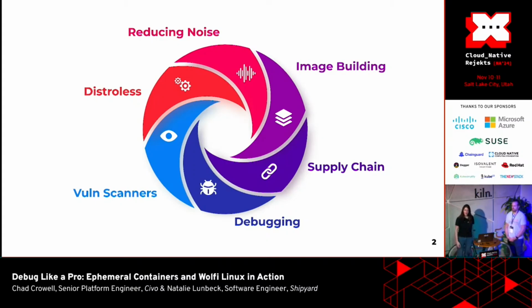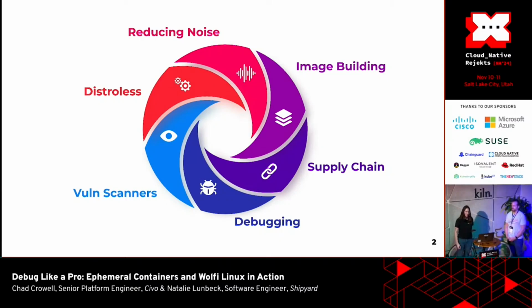Vulnerability scanners, just making sure that you are staying up to date, doing repeated regular scans on your application, your packages, and understanding what's changing, what's being uncovered, what's getting introduced day by day, as well as image building, just making sure that you have multi-stage builds, making sure that the last stage of your image is secure to reduce the number and the potential for attack vectors.